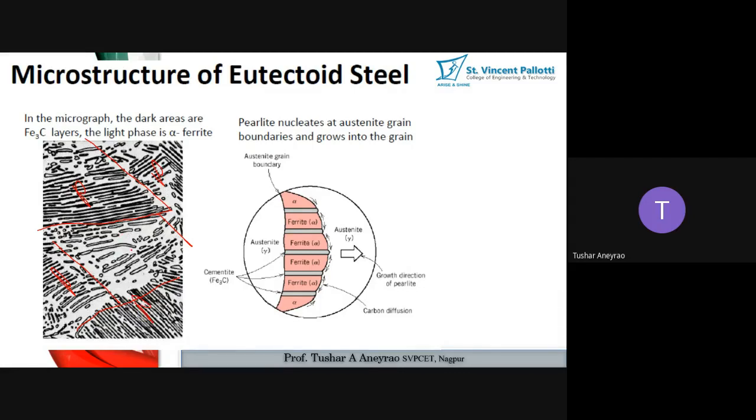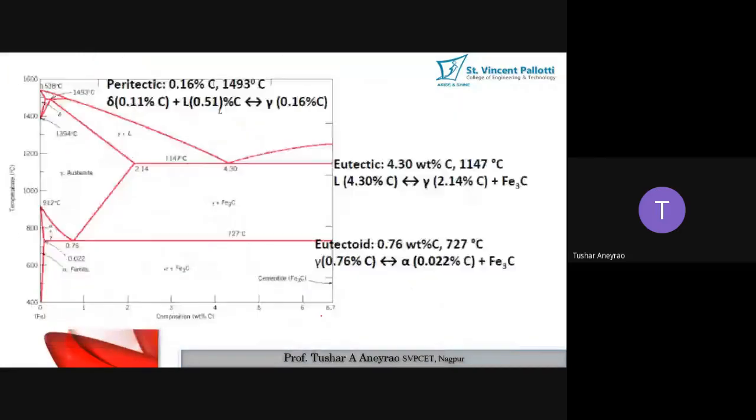This is also perlite, but here alpha ferrite is more, and some sites of perlite are there, or we can say alpha ferrite plus Fe3C. Okay, but the overall composition of this complete diagram is how much? Suppose 0.5%. Okay, so this is how we have to study this.